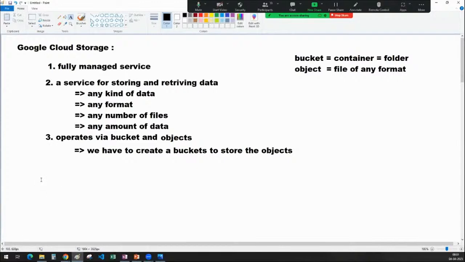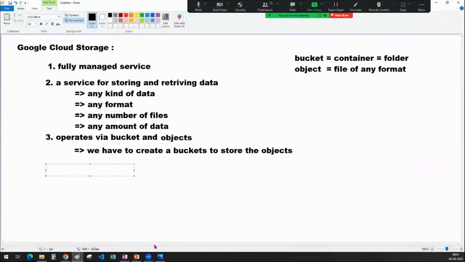So far everything seems good. The fourth point I want you to understand is that Google Cloud Storage allows worldwide storage and retrieval. What does that mean, sir? One more basic concept is coming, sir.